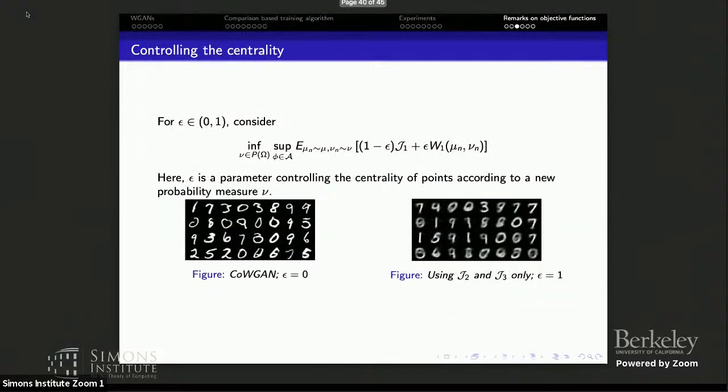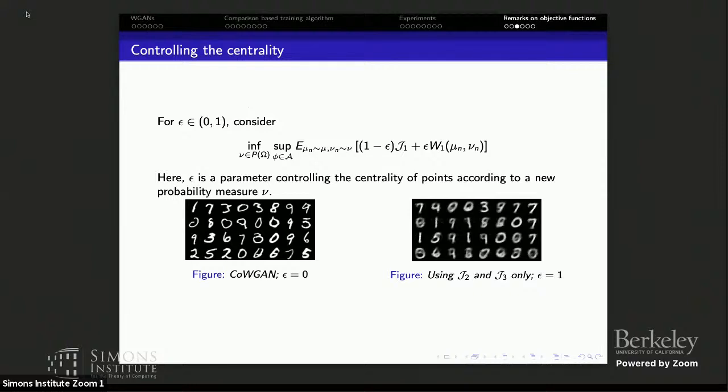So what happens here is, instead of the original problem, if we add the empirical Wasserstein distance, then we may control the centrality. If epsilon is 0, that is the problem I presented earlier, and in this problem our images are sharp.